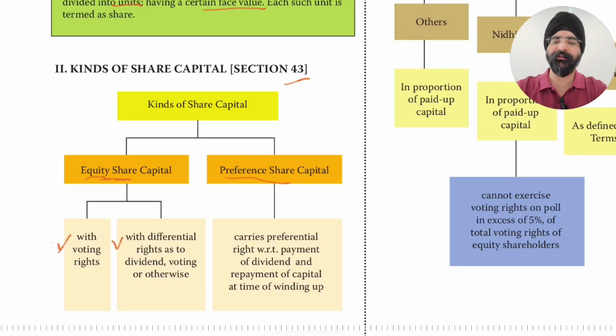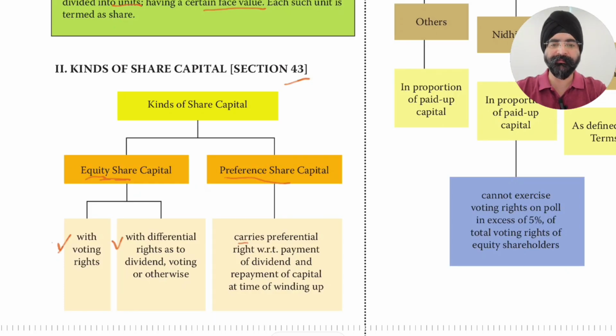So there can be differential rights as to dividend, as to voting, or even a combination of both.